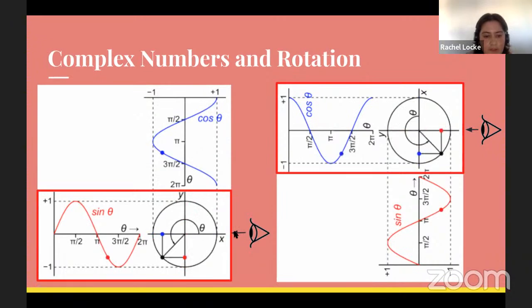If you're looking down this axis X, and you're within the slide, you wouldn't have depth of field, so you would only see this red dot going up and down. You wouldn't be able to see the black dot rotating. And that red dot, in terms of an imaginary number line, is oscillating between plus I and minus I. Or in this case, we've got +1 and -1.